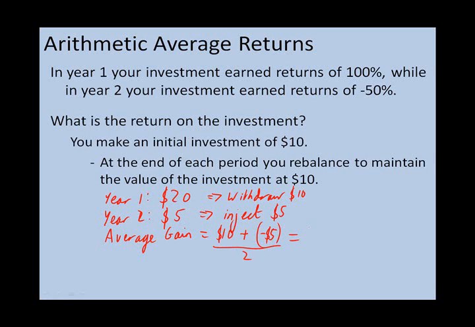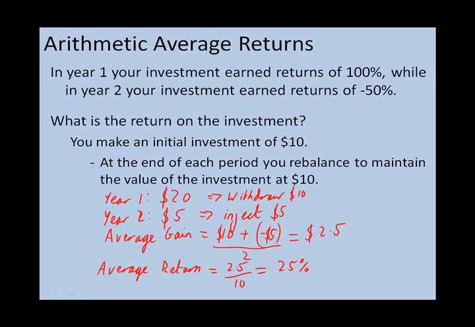That gives me an average gain of $2.5 per year. What's my average return then? Average return is going to be equal to the average gain divided by our initial investment, which was $10. So the average return is 25%. Which sounds quite good.